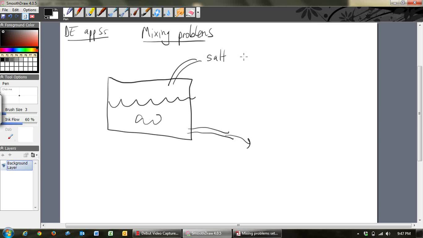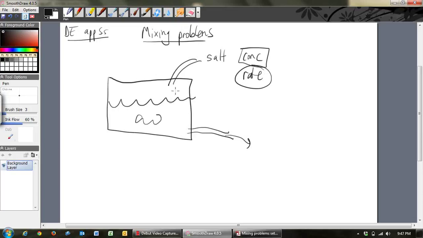But usually, you know what the concentration coming in is, and you also know at what rate it's flowing in. So some salt solution mixed in water. You know what the concentration is.